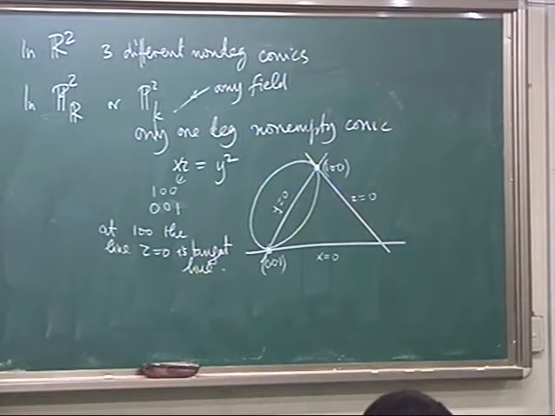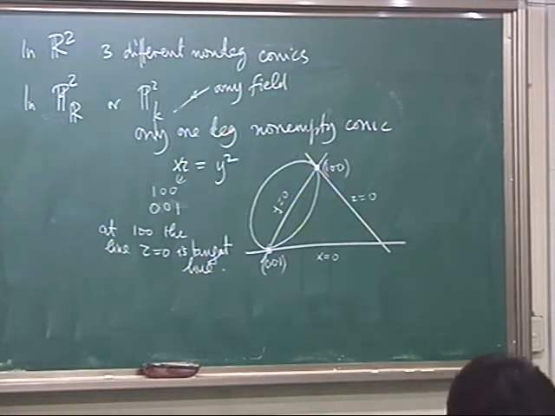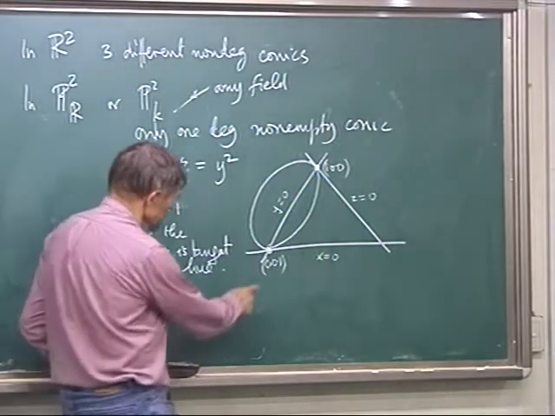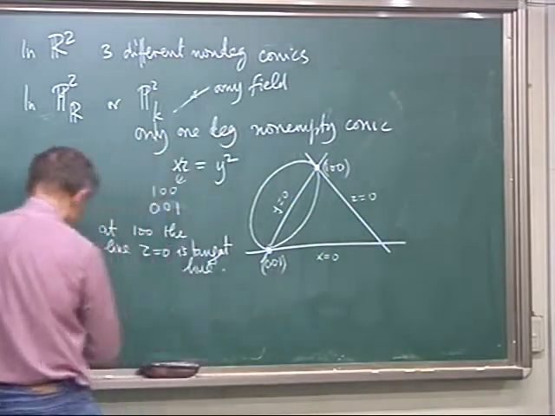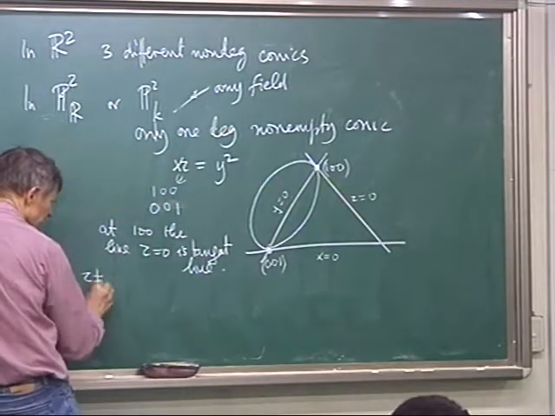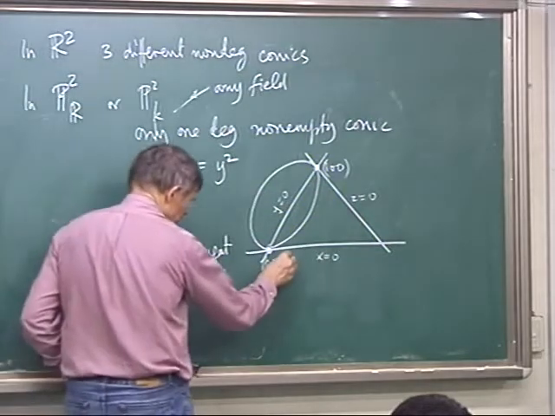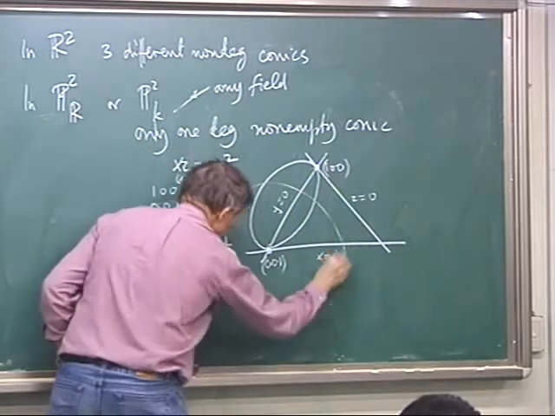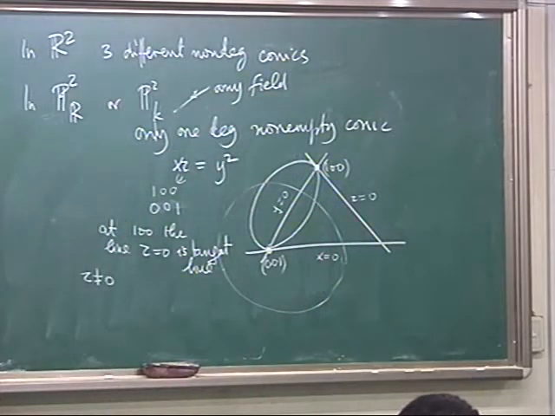So let's think about the procedure I was saying earlier. Suppose that z is not equal to 0. Suppose I'm standing somewhere near here, where z is not 0.